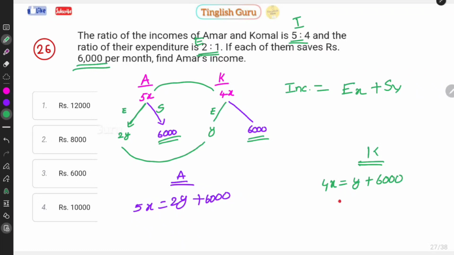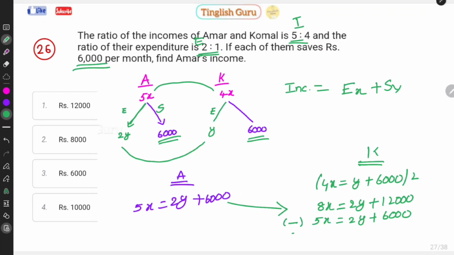So from these both the equations, we have to solve them. So multiply this equation with 2, we will get 8x is equal to 2y plus 12,000. So subtract this equation minus 5x is equal to 2y plus 6,000. So on subtracting this, we will get 8x minus 5x is 3x, that is equal to, these two will cancel, and 12,000 minus 6,000 is 6,000.